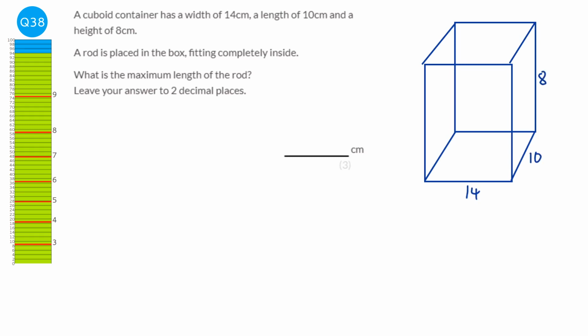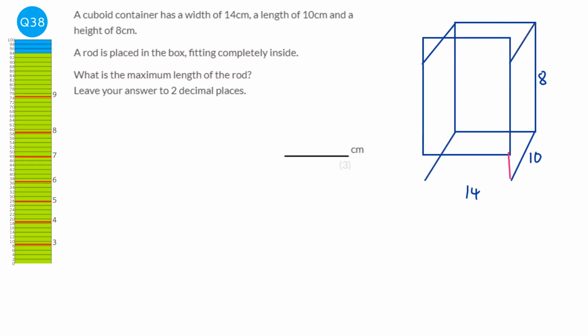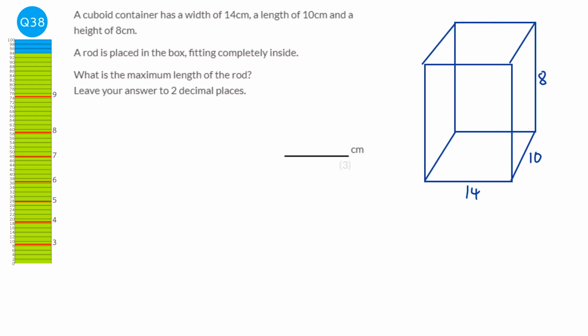Doesn't matter which way around. Now the longest part of the cuboid will be the diagonal across it. So if I just show a diagonal there, and it doesn't really matter which one we pick. I could pick this one here, go diagonal like that. They're all the same length, all the diagonals across.